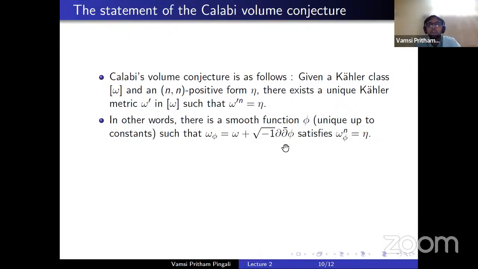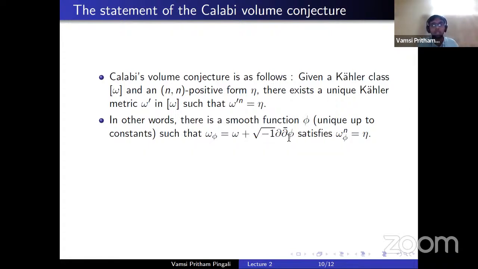So every Kähler metric of the type we are looking for is of this form, and what we want is a smooth function phi that satisfies this equation. Omega sub phi raised to n is eta. So omega plus square root of minus 1 del del bar phi, which depends on two derivatives of phi, raised to n is given.